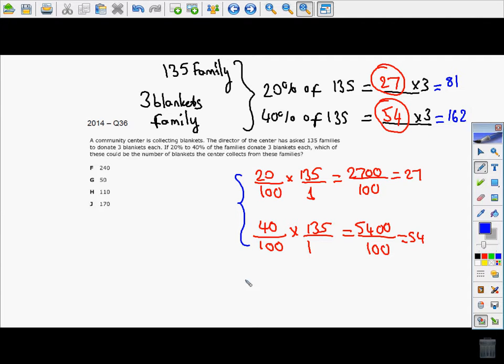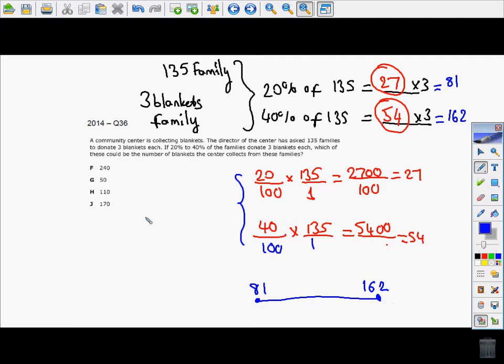Now we have to pick any number between 81 and 162, with 81 and 162 included. Any number from this one to this one as a whole.